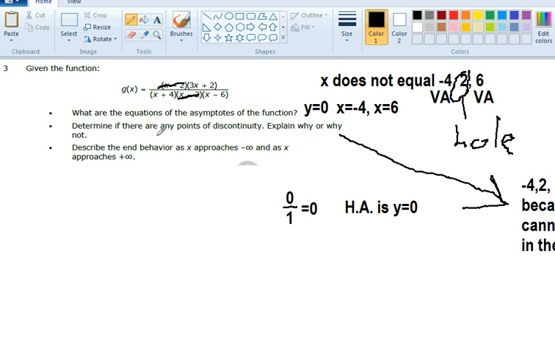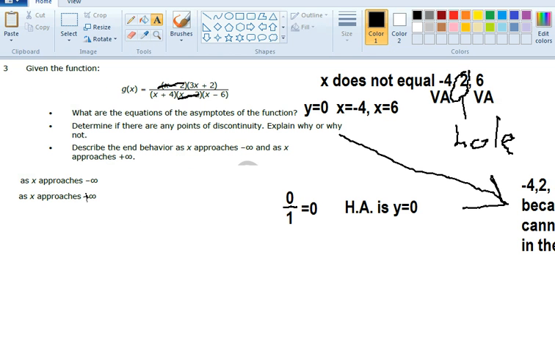Okay. And then describe the end behavior as x approaches negative infinity and as x approaches positive infinity. So I'm just going to take this as x approaches negative infinity, and then as x approaches positive infinity. And here's what we get.